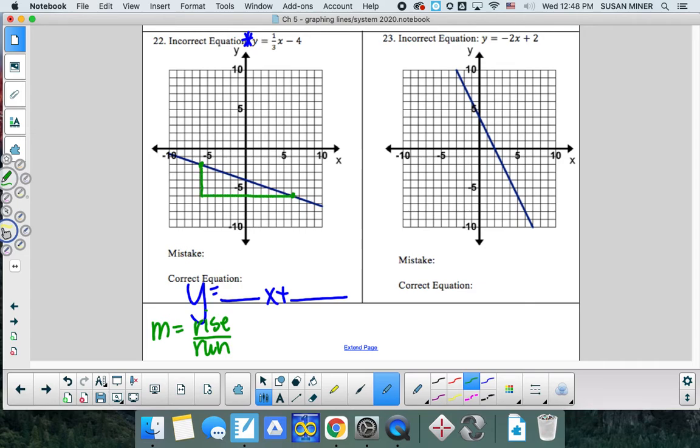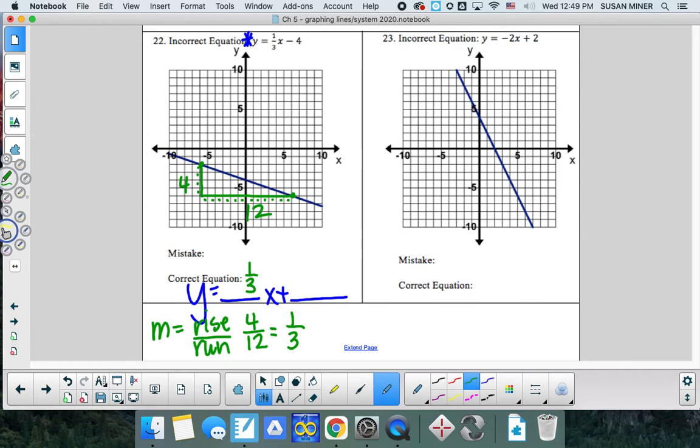I'm going to count the rise, 1, 2, 3, 4. I'm going to count the run, 1, 2, 3, 4, 5, 6, 7, 8, 9, 10, 11, 12. And I'm going to put my rise over my run. And then I simplify. I'm going to reduce this actually. And so my slope comes out as 1/3.